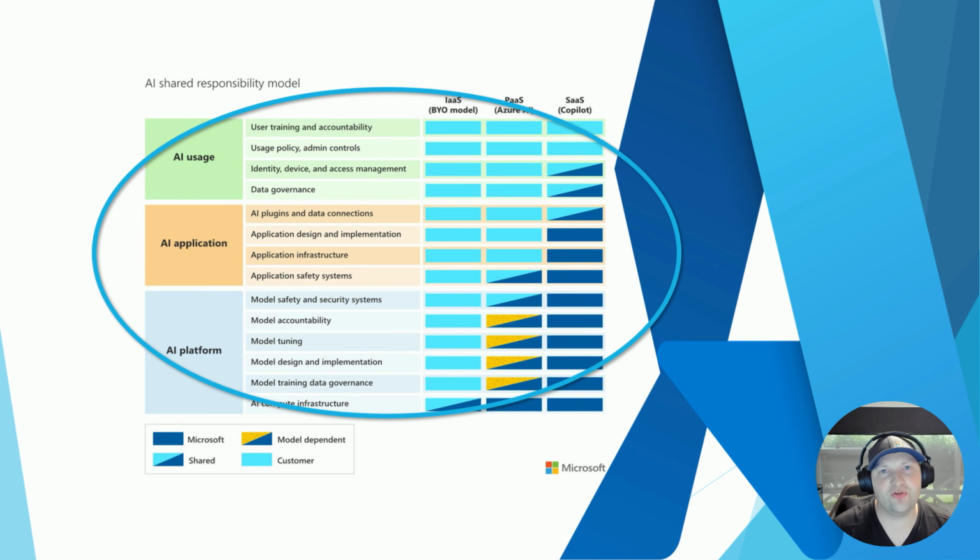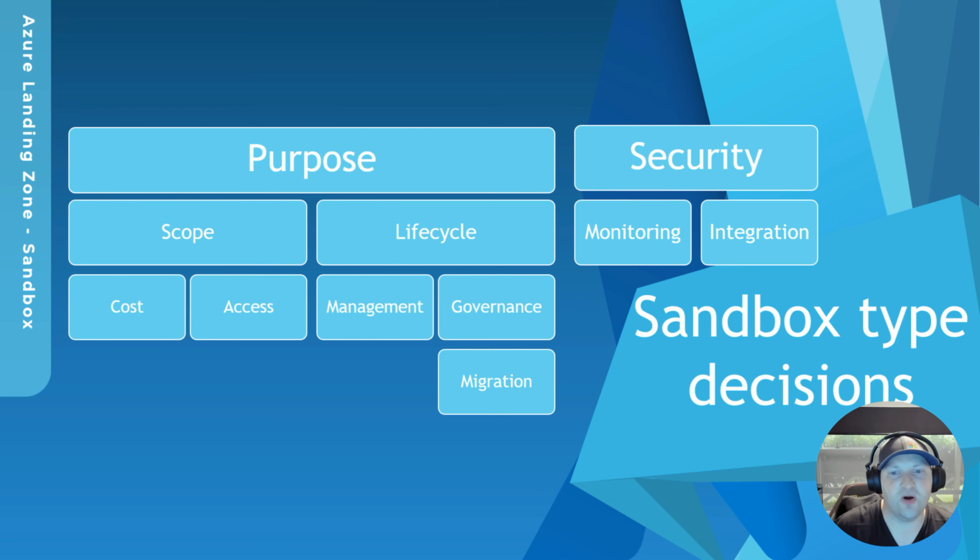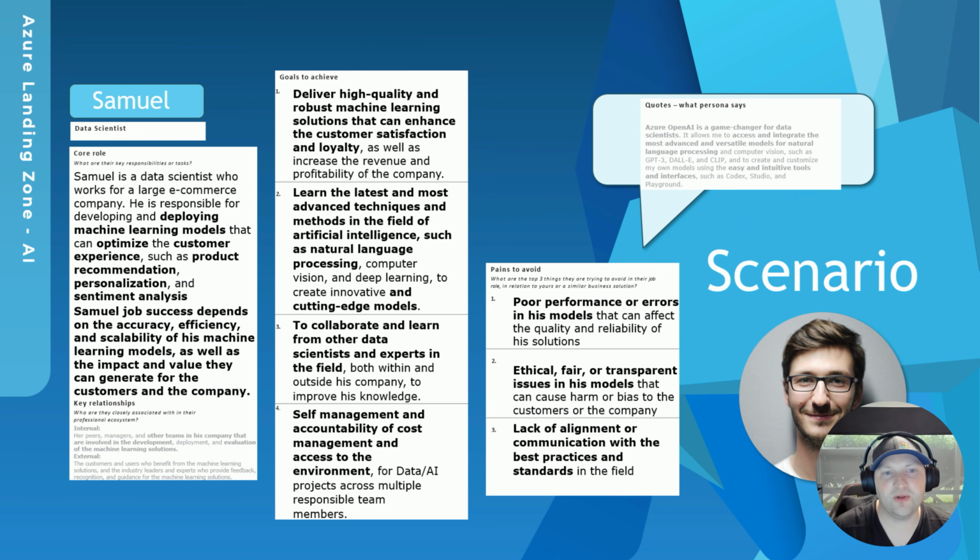So once we've talked to Samuel, we've understood his requirements, his purpose, his life cycle, and how he's going to manage and govern the cost and the access to the environment.